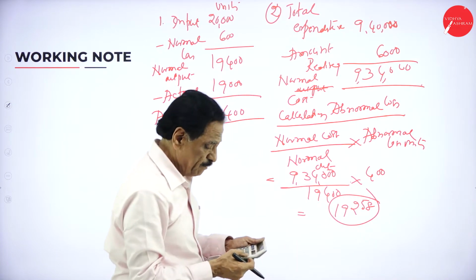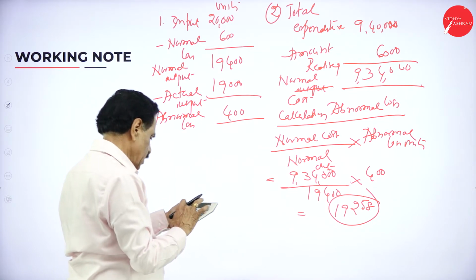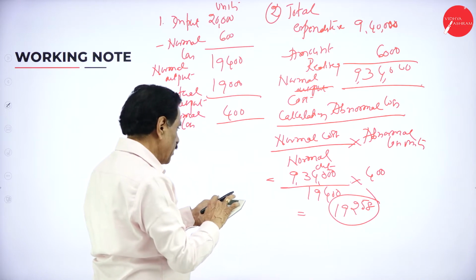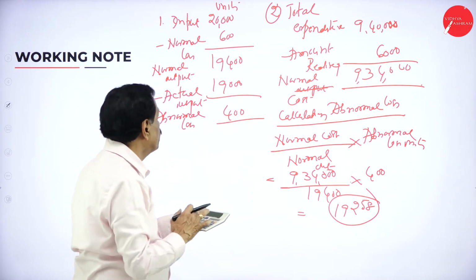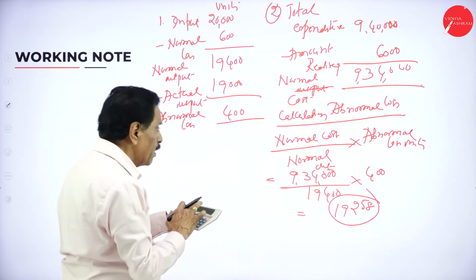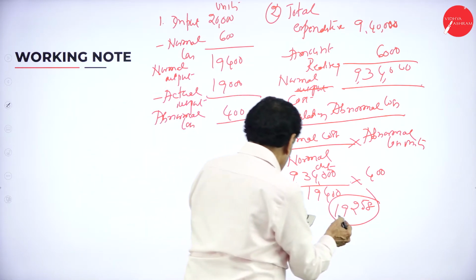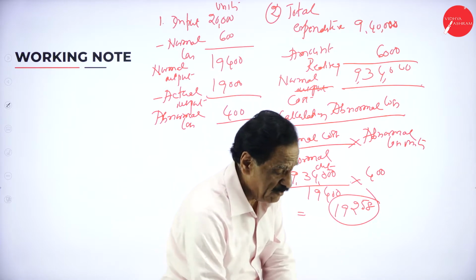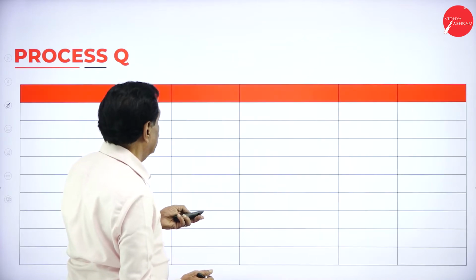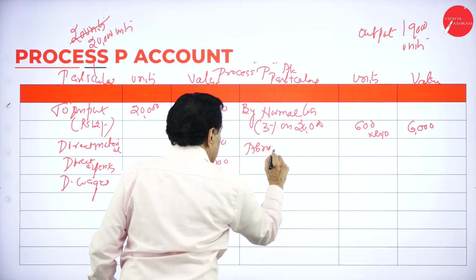Check once again. 9 lakh 34 followed by 30 divided by 19,400 into 400 units. 19,257.73, 19,258 abnormal loss. 19,258 by abnormal loss.